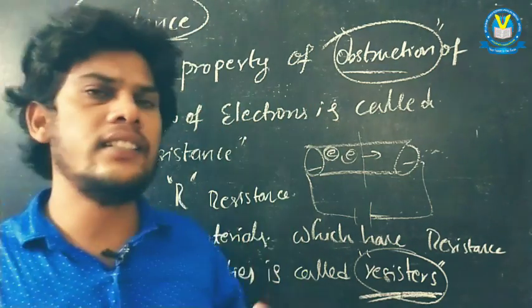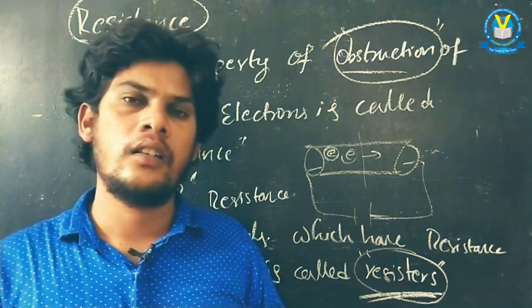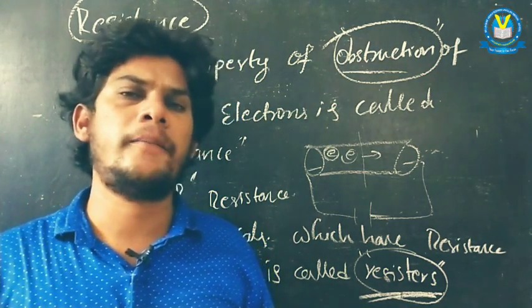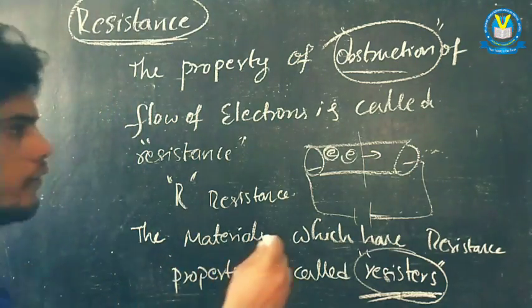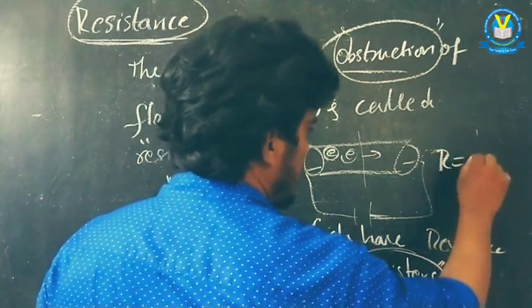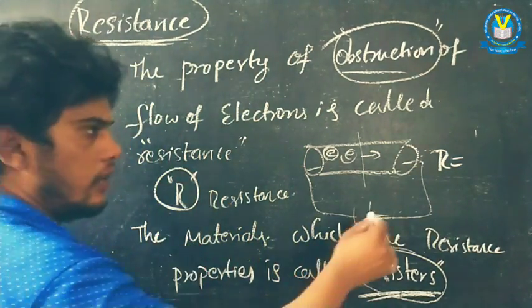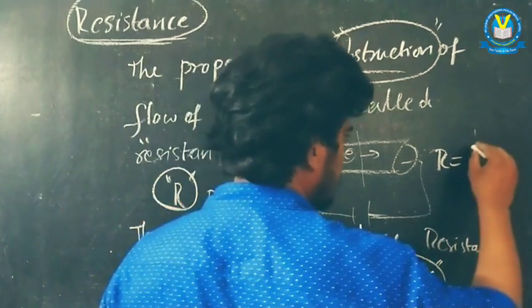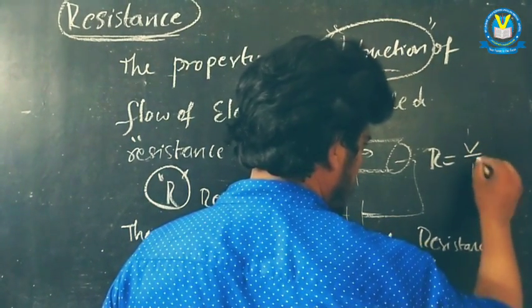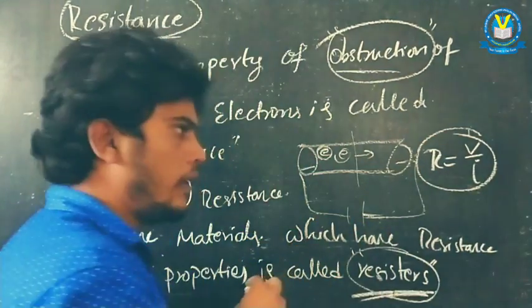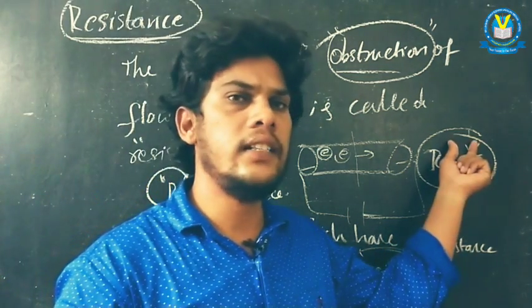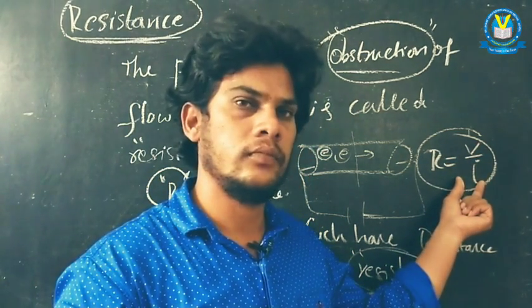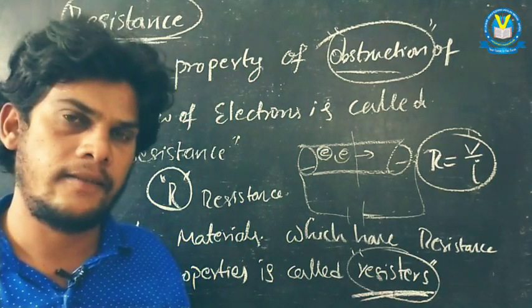This resistance is nothing but the ratio. Already we know resistance R equals V by I. We know the formula already: the ratio of voltage and current is called resistance.